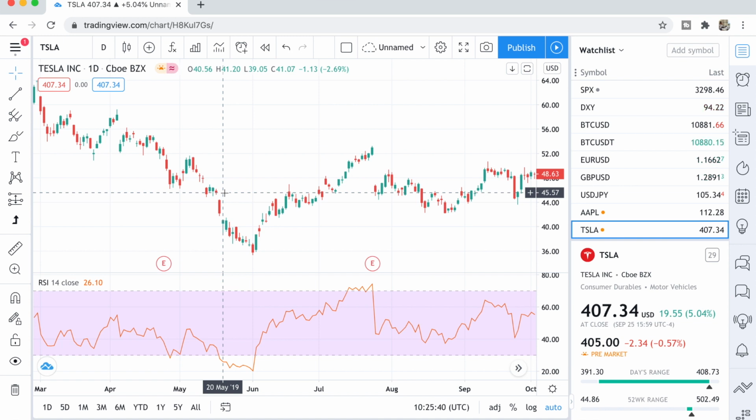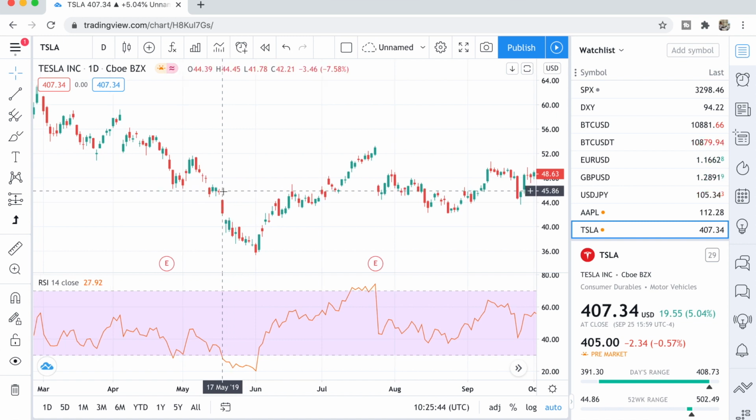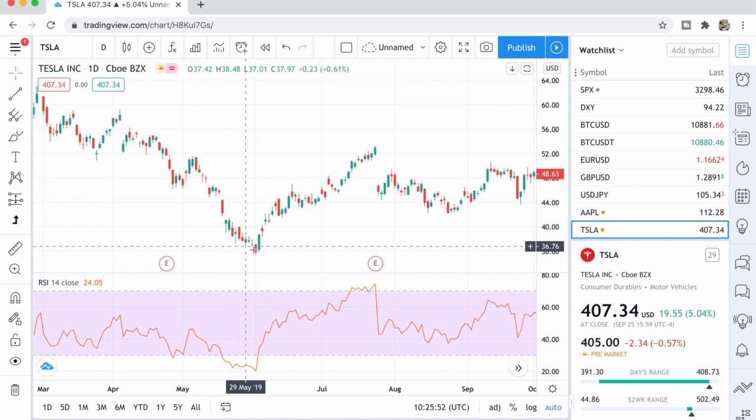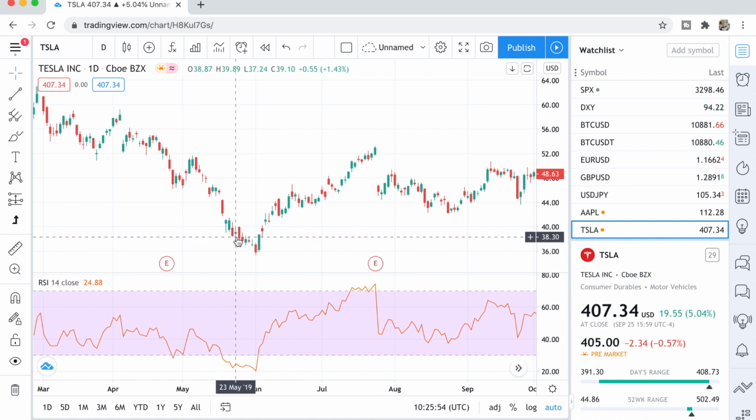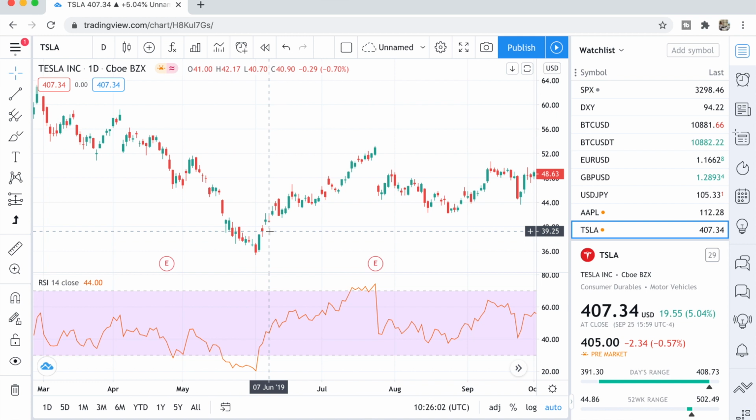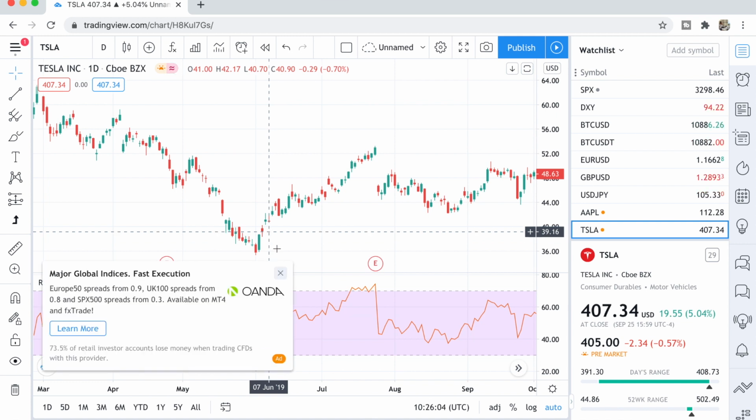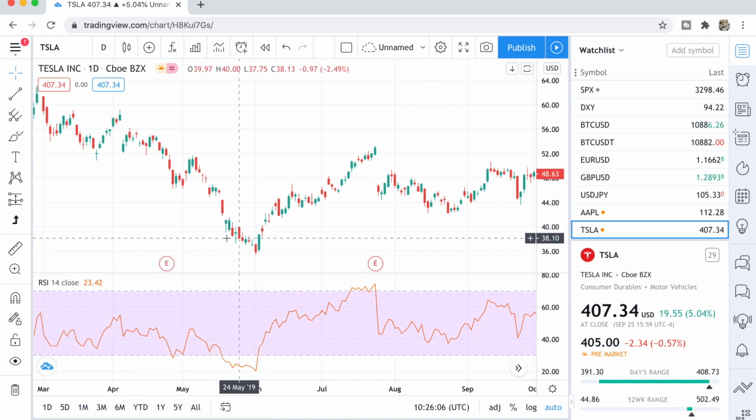So it continues falling till it gets into the 30 zone around $40 a share and continues to fall down to around $35. So effectively it falls an extra 5 before the buyers kick in and overwhelm the sellers, and then the price starts rising. So that's what I'm saying, you need to give yourself enough time.